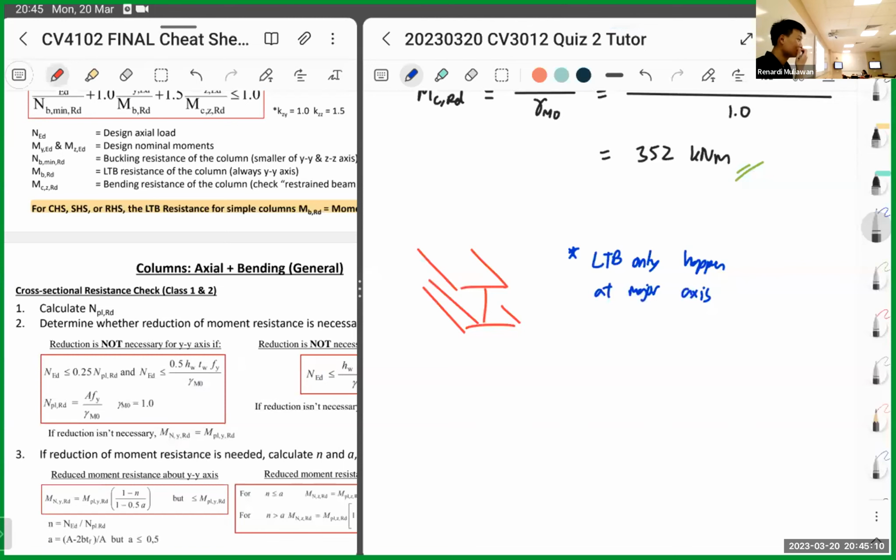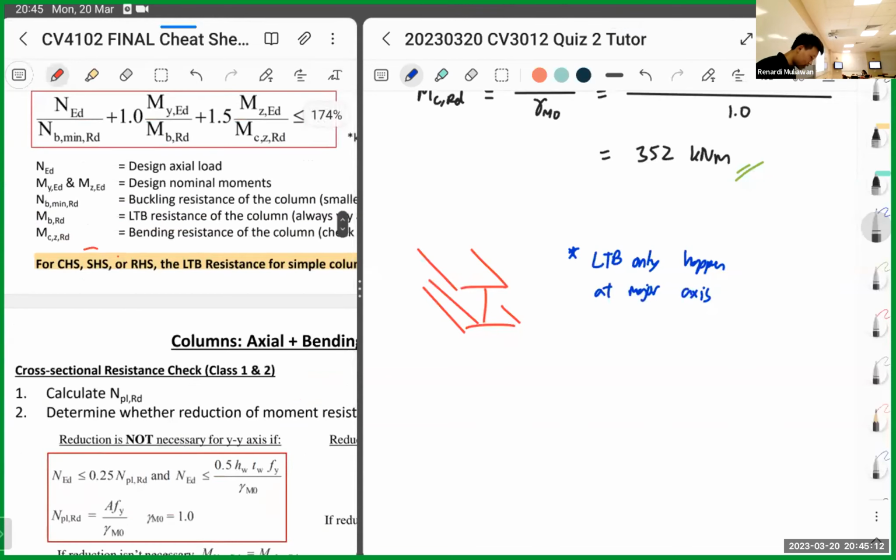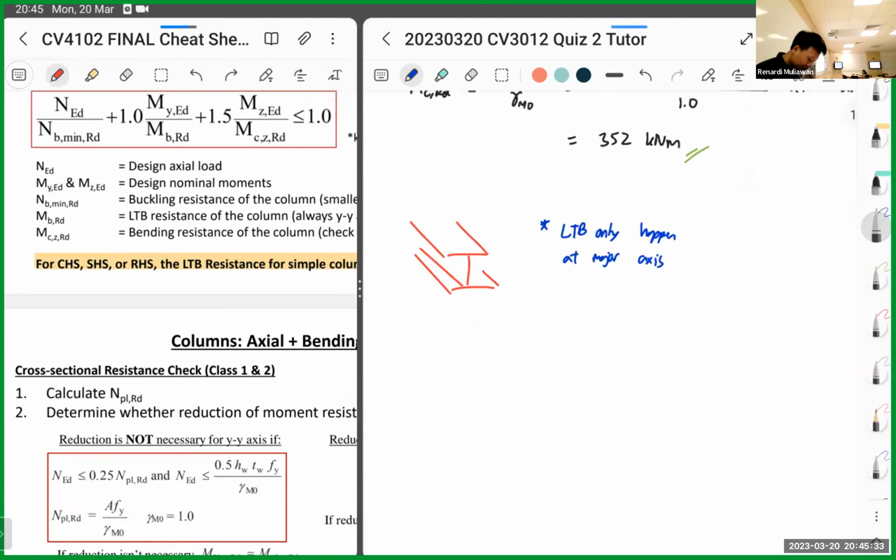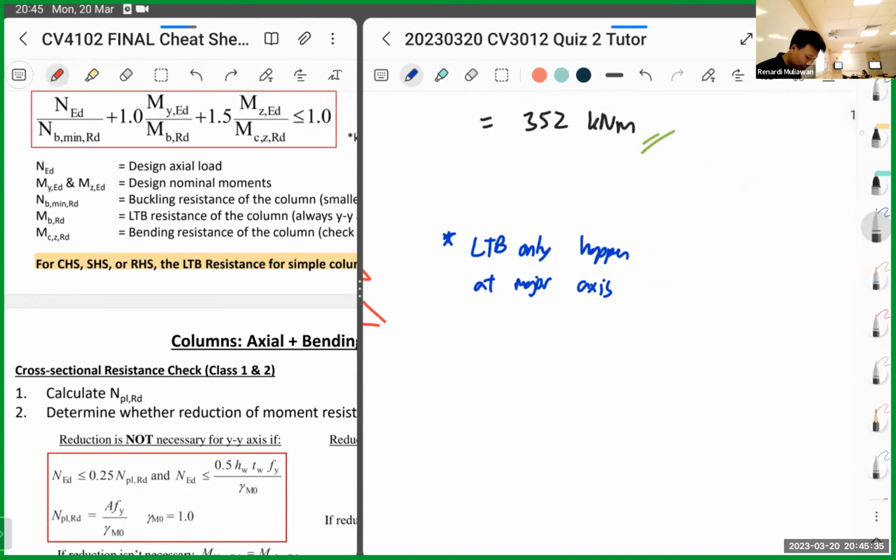That's why for CHS and SHS, LTB doesn't need to be checked. It's the same as the moment for hollow sections only. I don't know why RHS is here, but I just copied the lecture notes. If you want to make sure, please ask the prof properly.